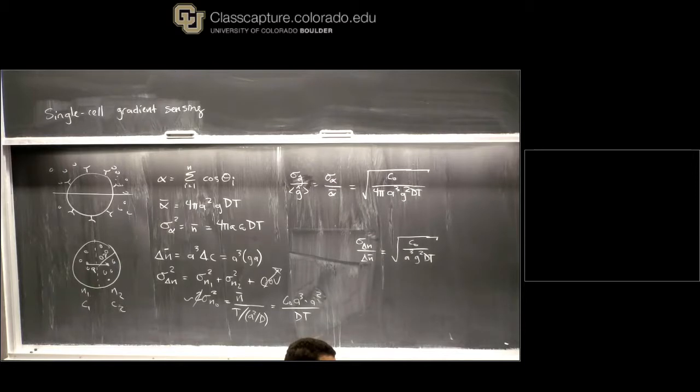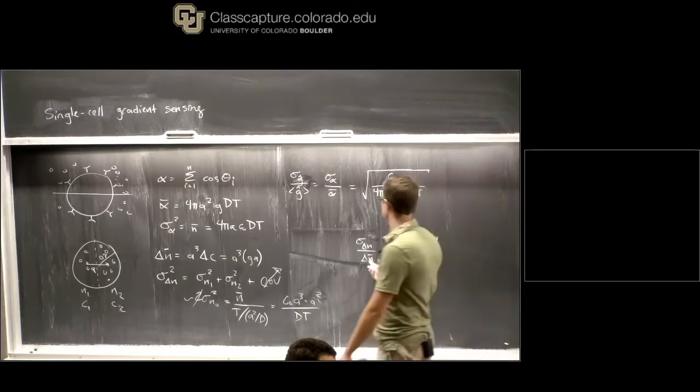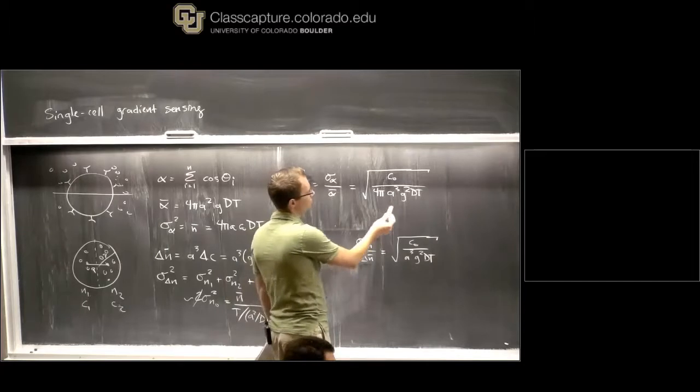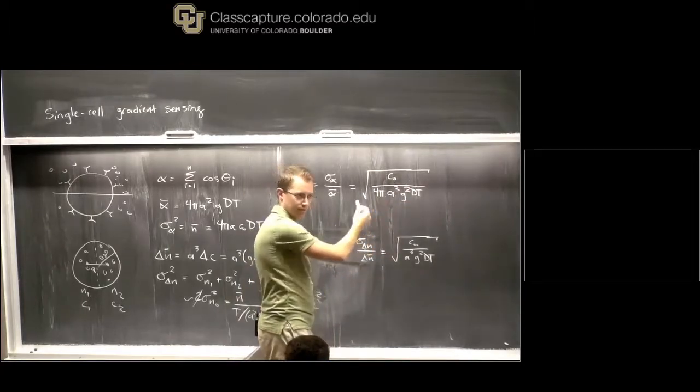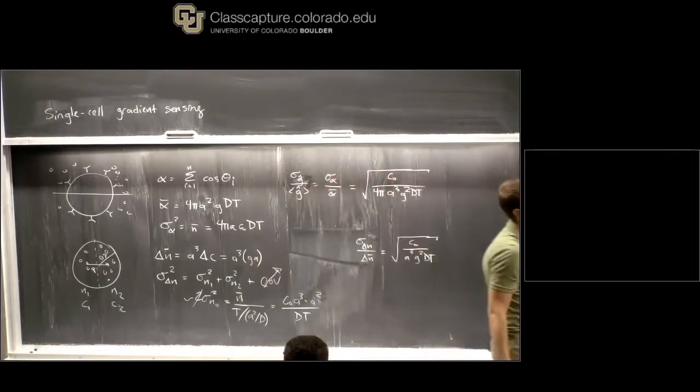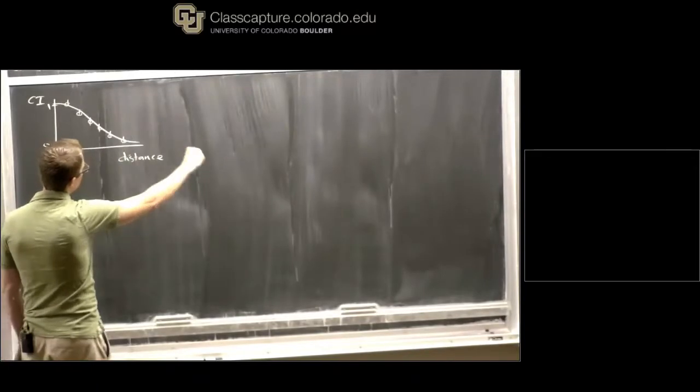So I won't write out the details, but they got an expression for the chemotactic index in terms of these parameters, and that allowed them to fit that expression to these data.